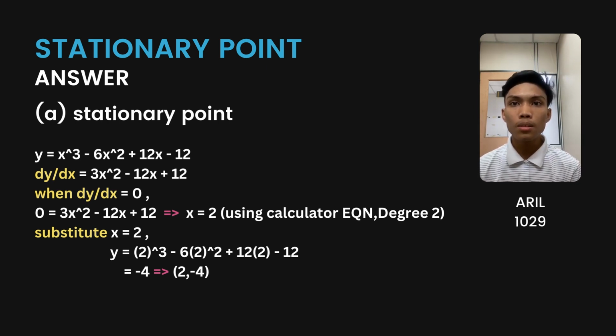So, substitute x equals 2. Y equals, we must replace the x with the value that you get from the calculator, and then you get the value of y. So, from our question, the coordinate value is (2, -4).